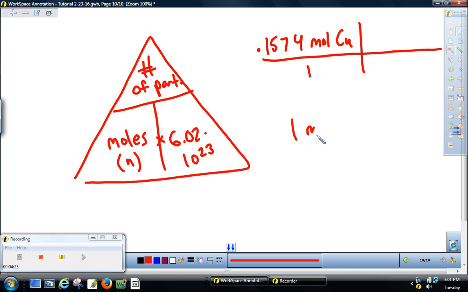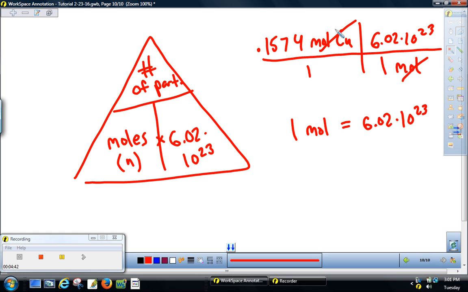What do we know? Our conversion factor is 1 mole is equal to 6.02 times 10 to the 23rd. The mole part of our conversion factor goes on the bottom so that the units, moles of copper, cancel. Put 6.02 times 10 to the 23rd up top. We only keep 3 sig figs here since Avogadro's number, at least the one we're using, only has 3 sig figs.